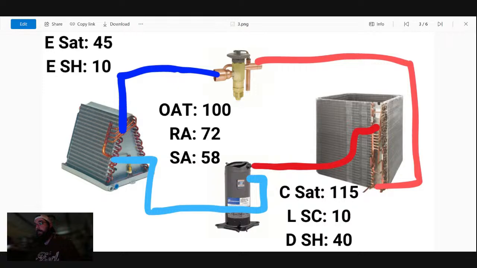Let's see. Too high humidity could be runtime, airflow, maybe condensate not draining properly or blowing. Oh, Sterling, that actually is a pretty good point. In some cases, especially if the P-trap is not done properly, I didn't even think to cover that.